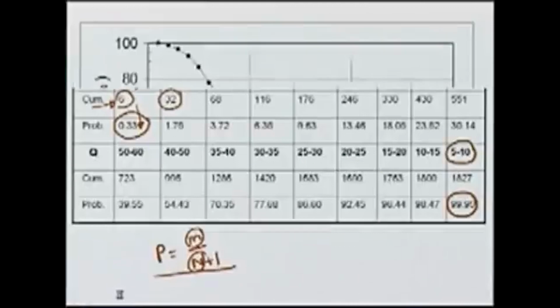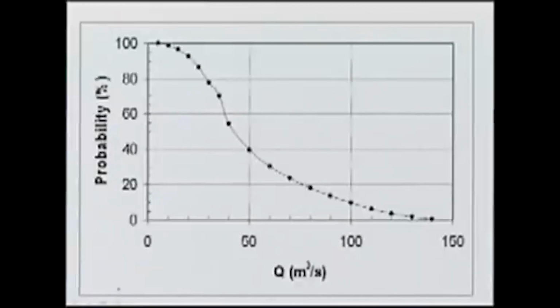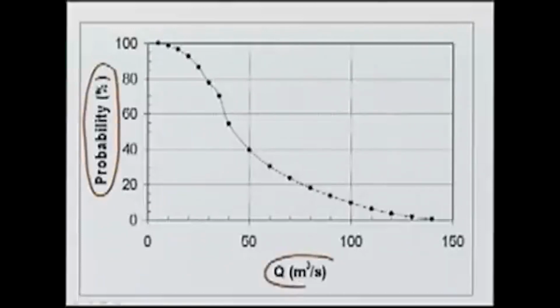So, if we look at the flow duration curve, which expresses this data in graphical form, here we have the probability in percent for a given Q, and this probability is of exceedance.